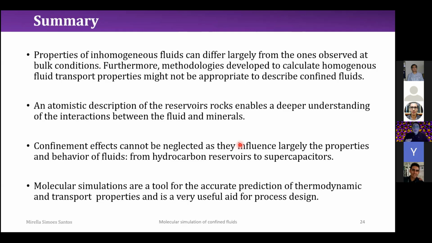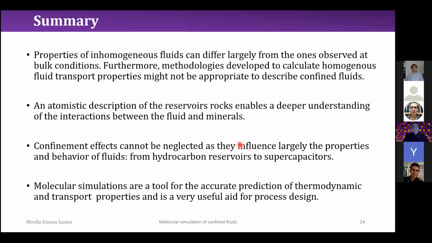And in terms of the oil and gas reservoir analysis that I've mentioned, an atomistic description of the reservoir rocks enables a deeper understanding of the interactions between the fluid and minerals. And also that confinement effects cannot be neglected, as they influence largely the properties and behavior of fluids, from hydrocarbon reservoirs to supercapacitors, as I showed here.